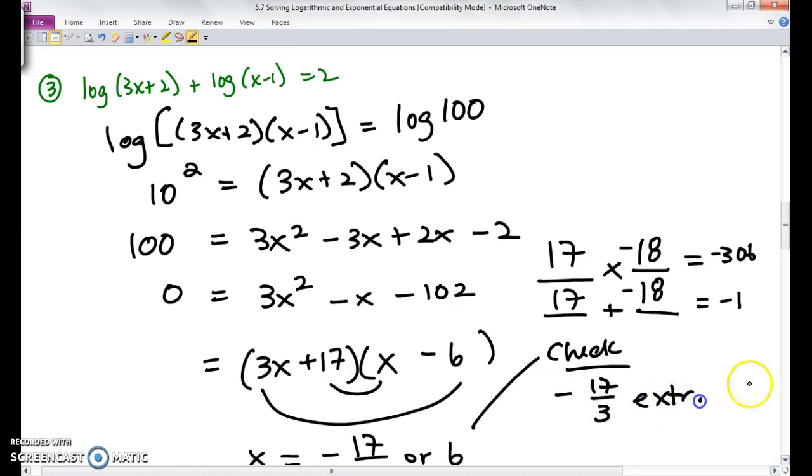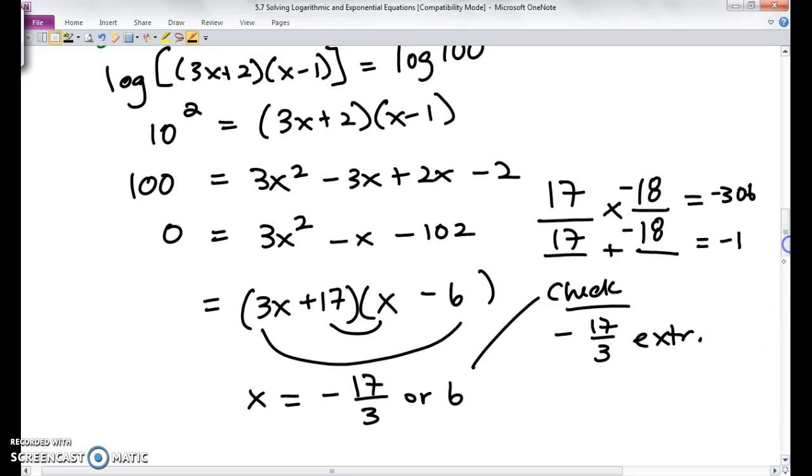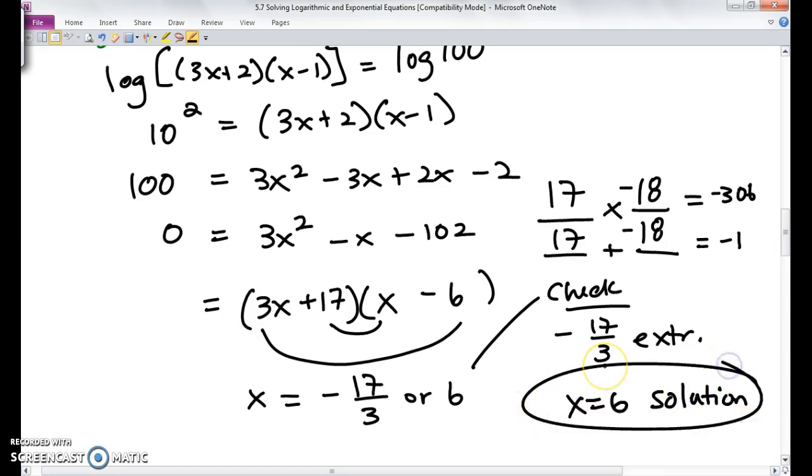It's extraneous. But positive 6 gives me a positive number there, and 6 minus 1 is 5. That's a positive number there. So the solution is 6. Okay? Questions about that?